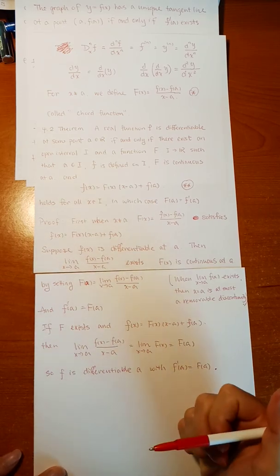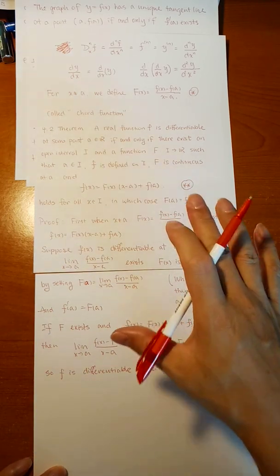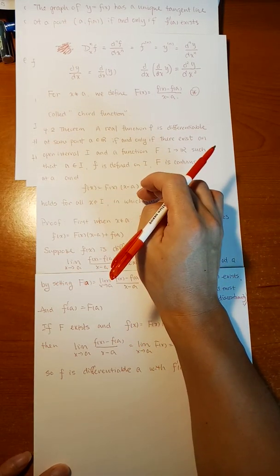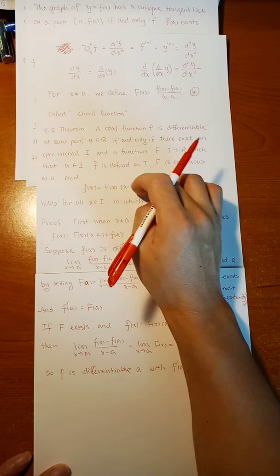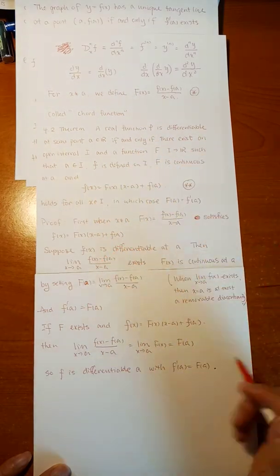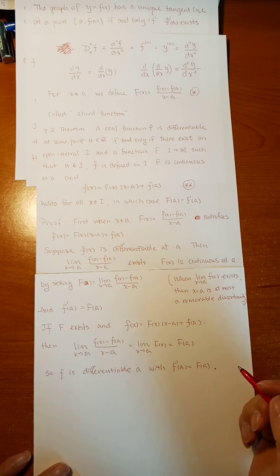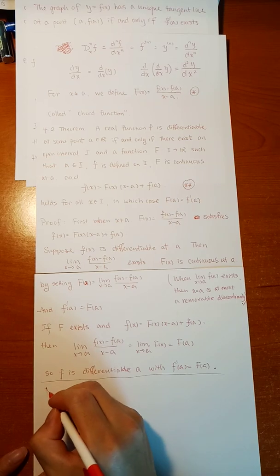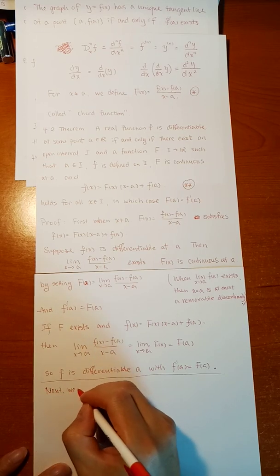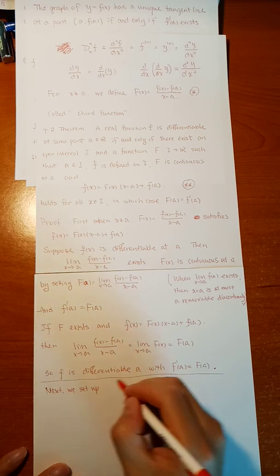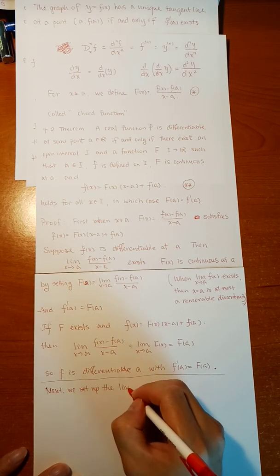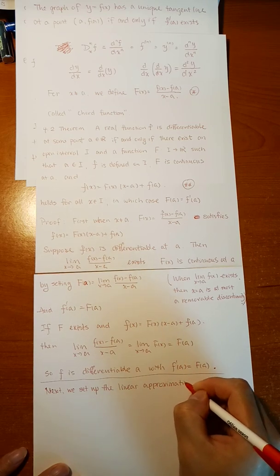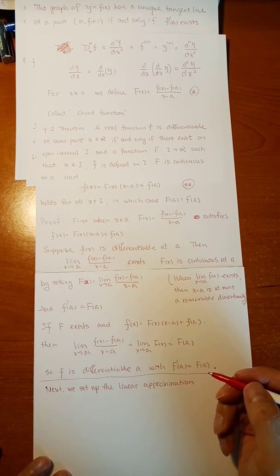So this is the first characterization. The second characterization says this is a true equality, and it is about linear approximation. So we set up the linear approximation. What is a linear approximation?